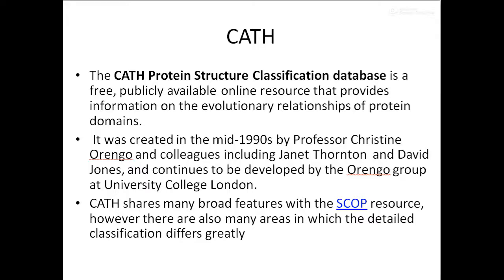This database mainly shares broad features with the SCOP resource. However, there are also many areas in which the detailed classification differs from the SCOP classification. So what you have to remember is that you are coming across two protein classification databases, CATH as well as SCOP.